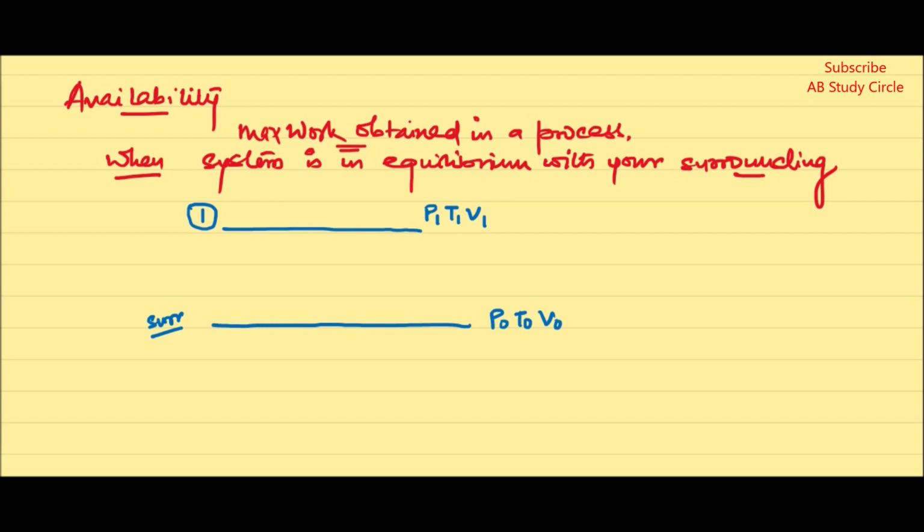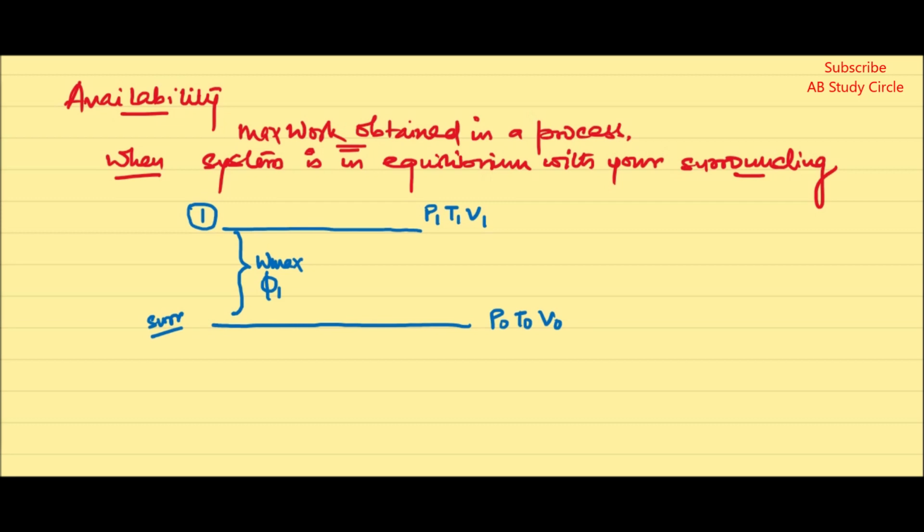The maximum work that can be obtained with this system at state 1, when it is in equilibrium with this surrounding, W max, is denoted by phi 1.